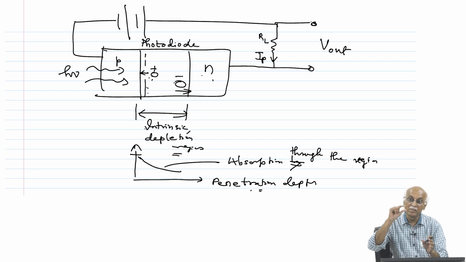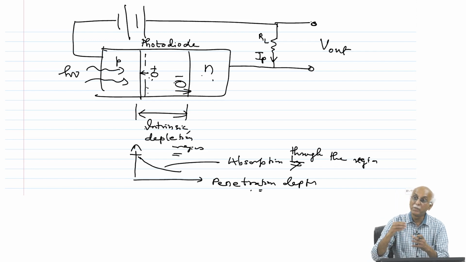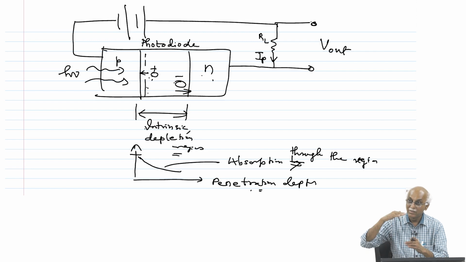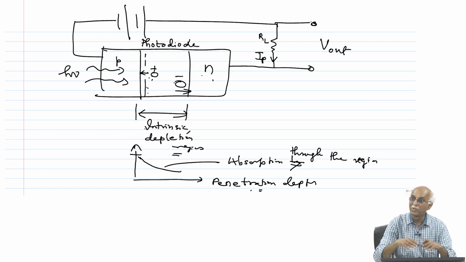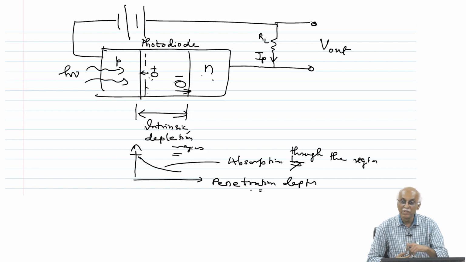The photocurrent amplitude may not be as large, because the optical radiation intensity may be very small, and then I will not be able to measure it. If there is already a large bias current, a small increase on top of it is very difficult to measure. But if there is no current passing, and you see the output because of the photocurrent, it is very easy to measure. So reverse bias is in that sense very useful.